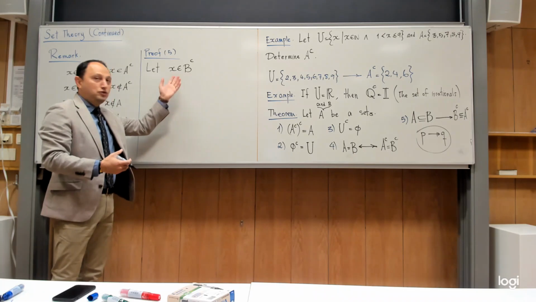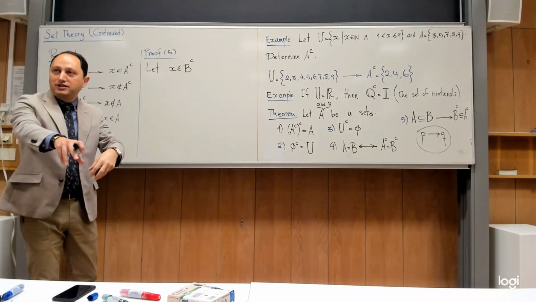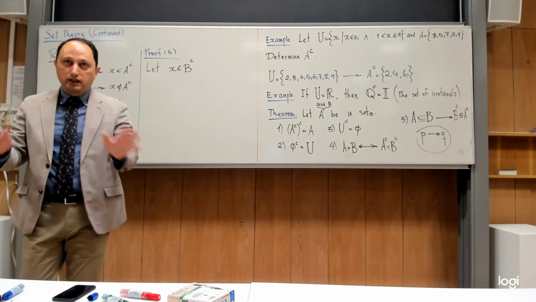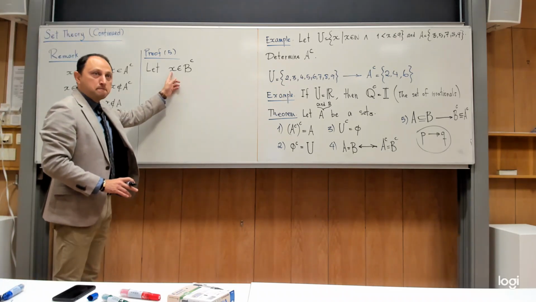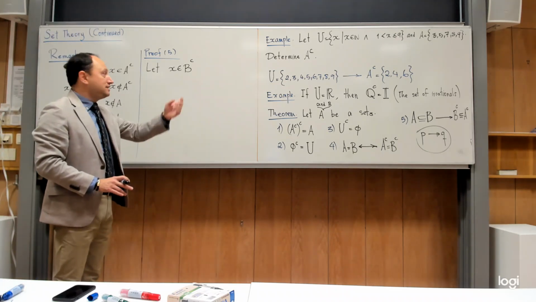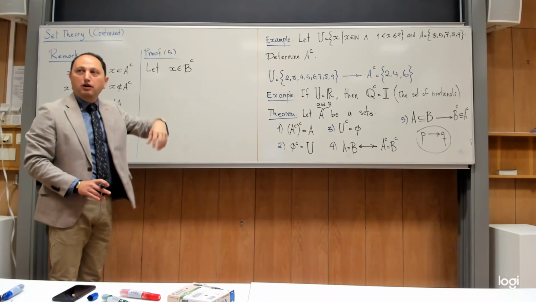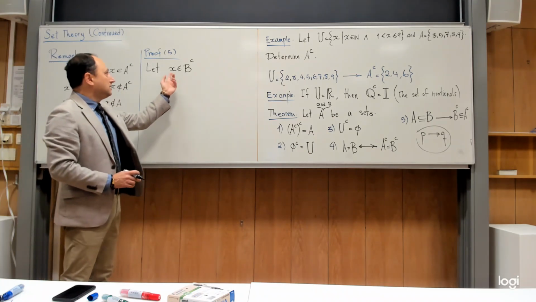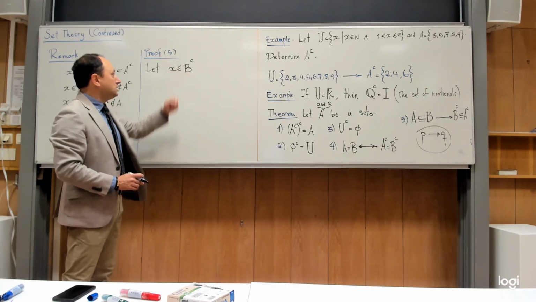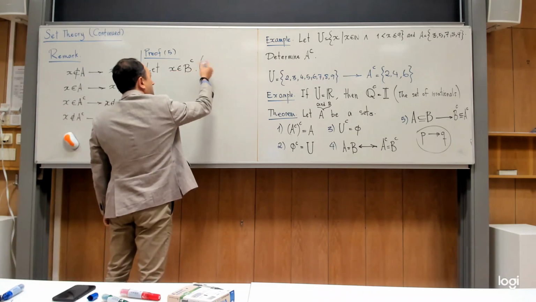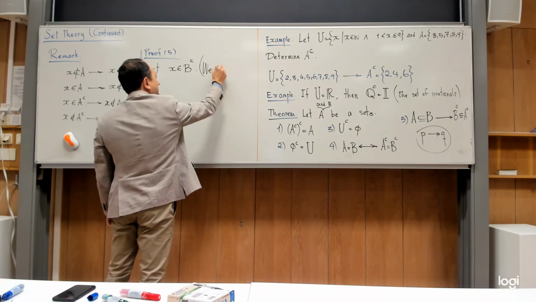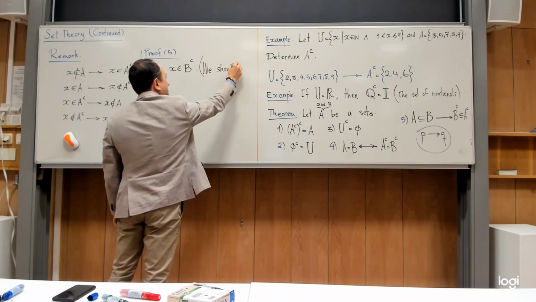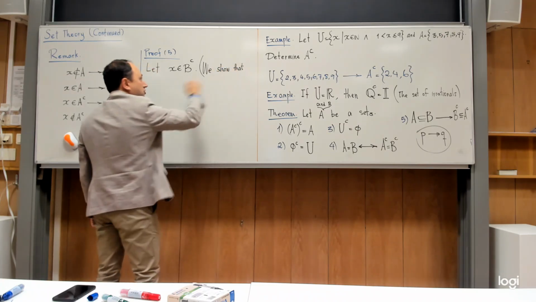I really don't know if X is there, if Y is there, if a number is there. We don't care. X is the name that I am giving to any typical element of B complement. I am telling you to assume that the element X is in B complement. Okay, let me write in brackets: we show that. Can you complete this? This is the way that you need to think. We show that.